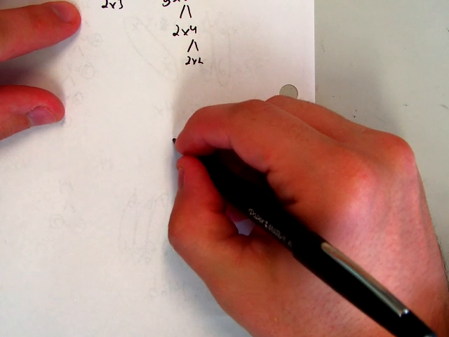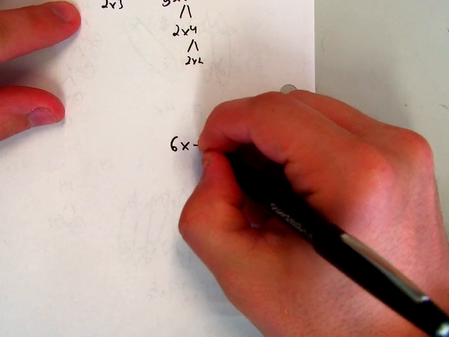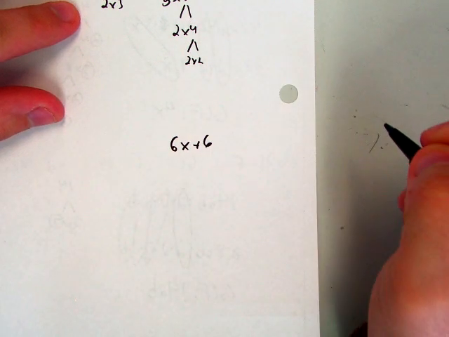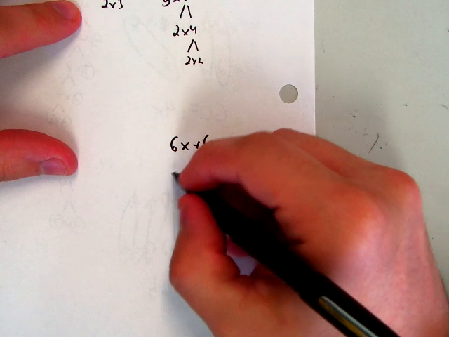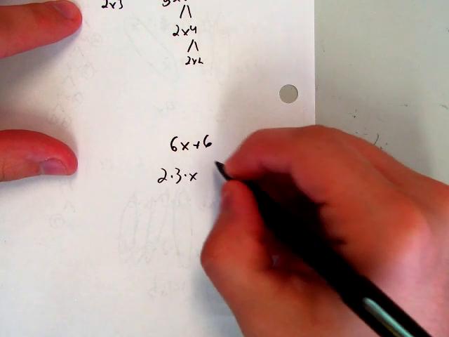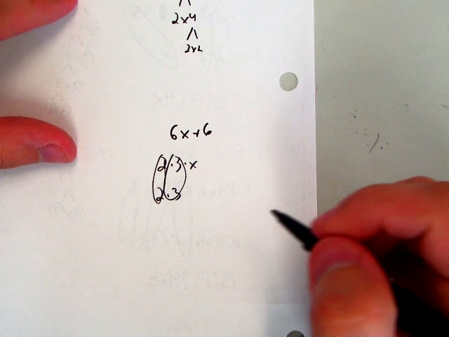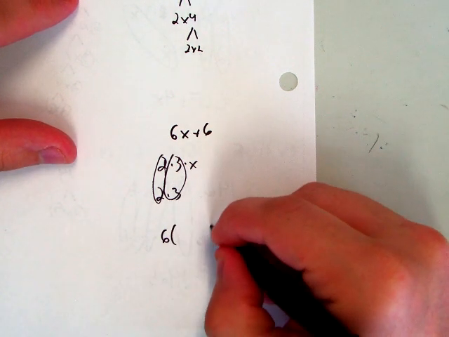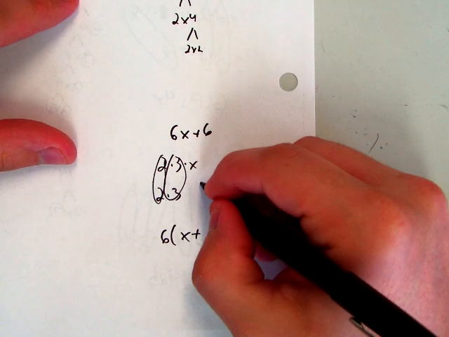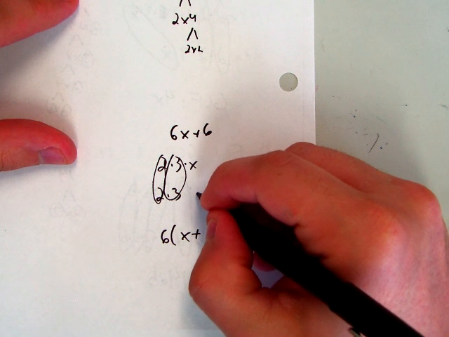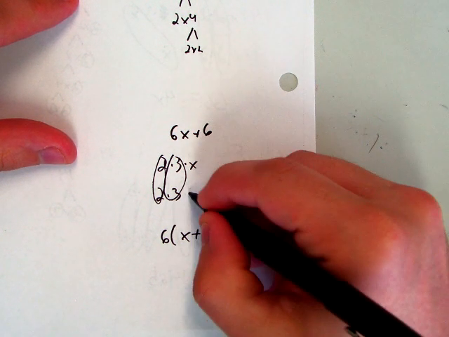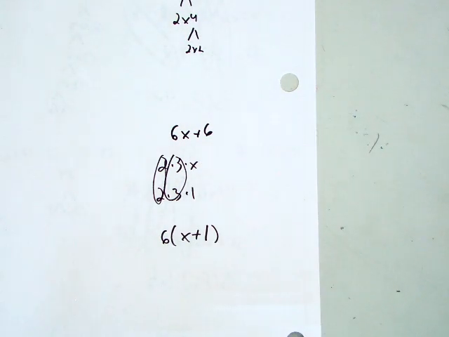So, for example, if I had 6x plus 6, the prime factorization of 6x would be 2 times 3 times x, and 6 would be 2 times 3. Here's a pair of 2's and a pair of 3's, so I'd be left with 6 on the outside, x plus, and then there's nothing left here. I would have to put a 1 because that's the same as times 1 at the end. So I need to make sure that that is something that is done.